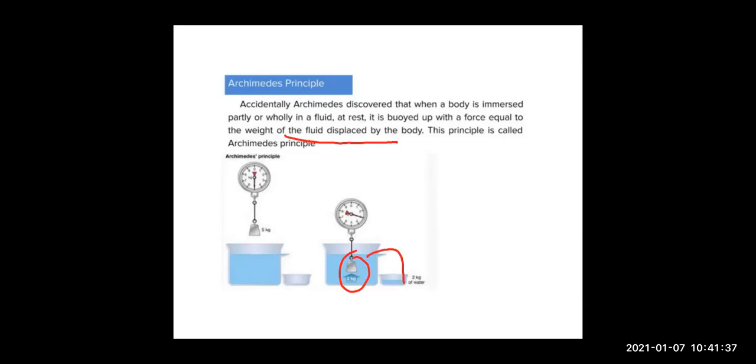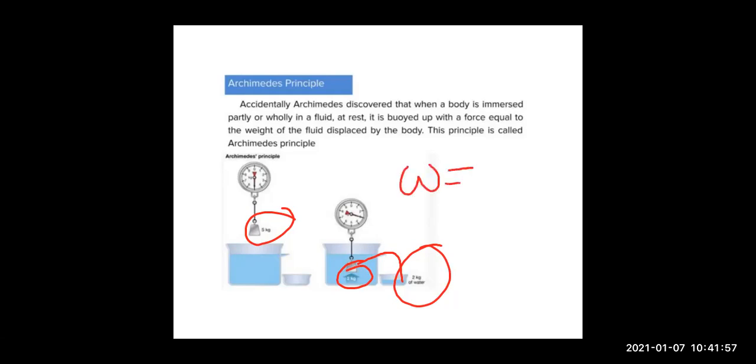that is displaced by the immersed part of the body. So suppose here in this experiment, this is an object of 5 kg. When you are inserting it into the beaker, some water gets displaced and it gets collected over here. That is 2 kg of water. So for 2 kg, the weight is m into g, so that is 2 kg into g. If you take 10, that is 20 Newton.